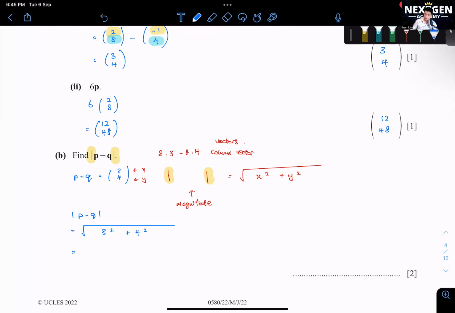Just type it in your calculator: 3 squared plus 4 squared, then square root it, you get 5. If you all don't know this part, all of you have access to this, go and revise vectors and column vectors in chapter 8.